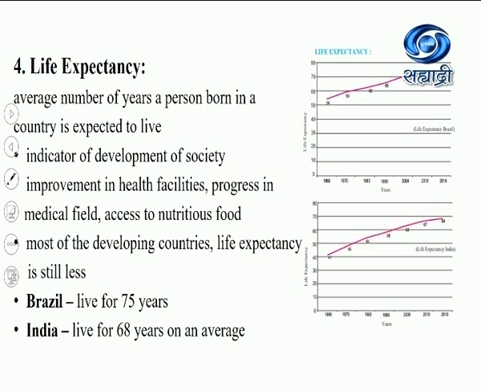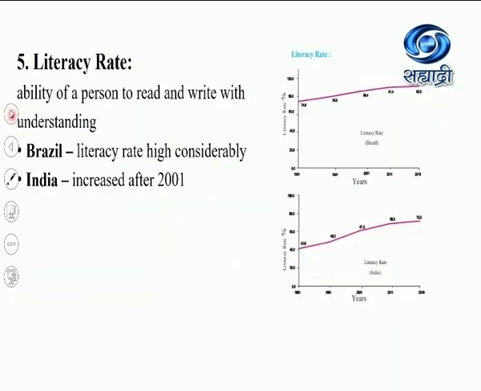According to 2016, the life expectancy was 68 years on an average, which is still very low. So if proper medical facilities, health facilities and nutrition are provided to the people, the life expectancy can be increased in a particular area. So this is all about life expectancy.